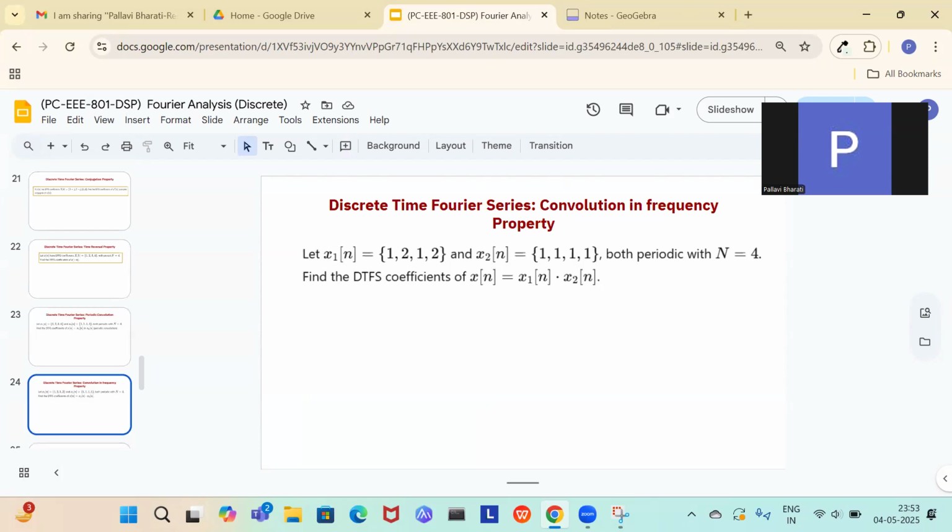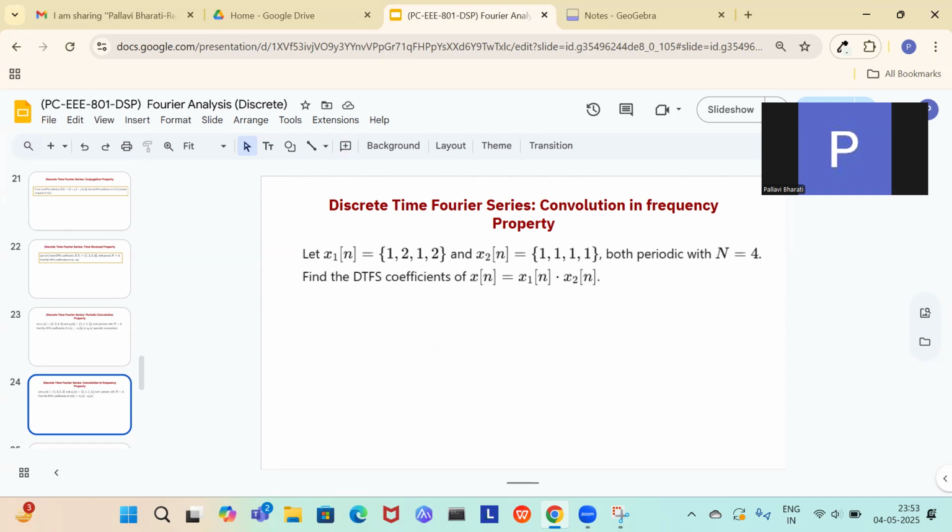In this case, the signals given to us are 1, 2, 1, 2, which is x1[n], and 1, 1, 1, 1, which is x2[n]. If I'm multiplying x1[n] into x2[n] in the time domain, and they're asking for the Fourier series coefficients of x1[n] into x2[n], then in the frequency domain I'll have to convolve.